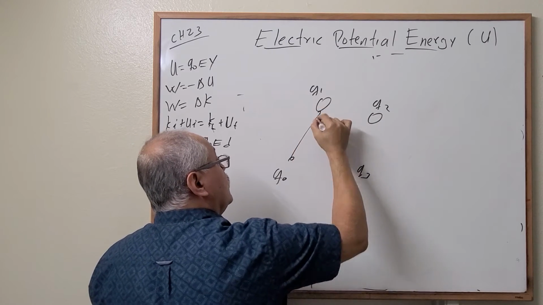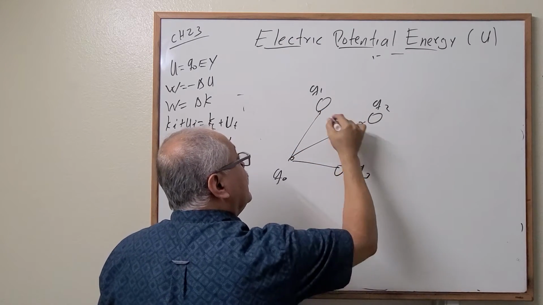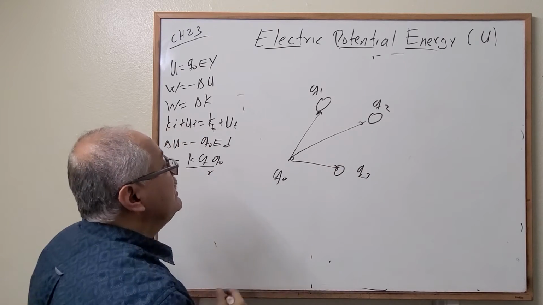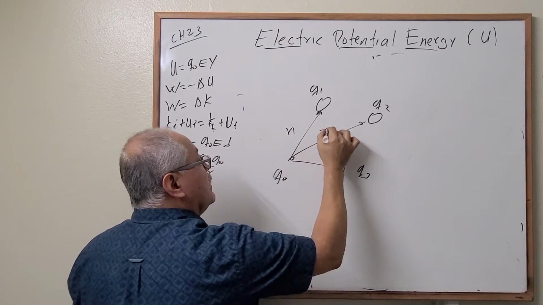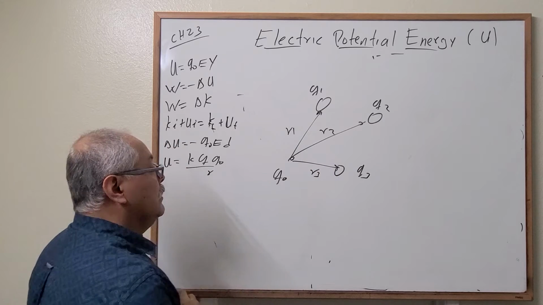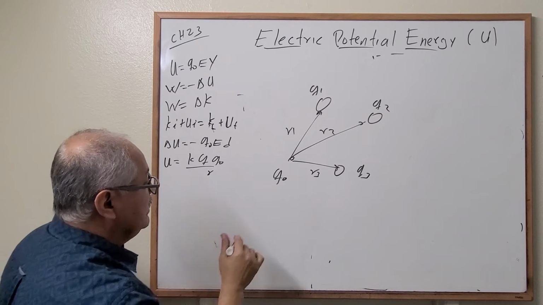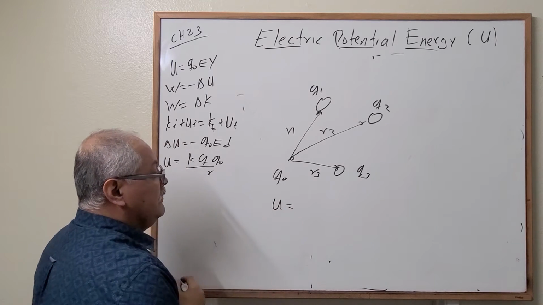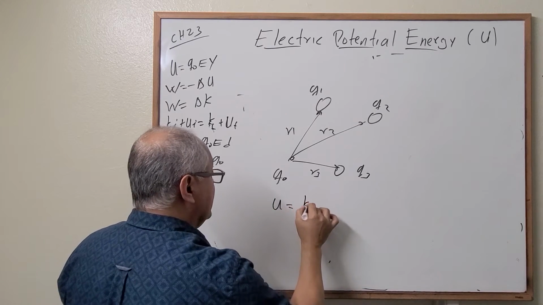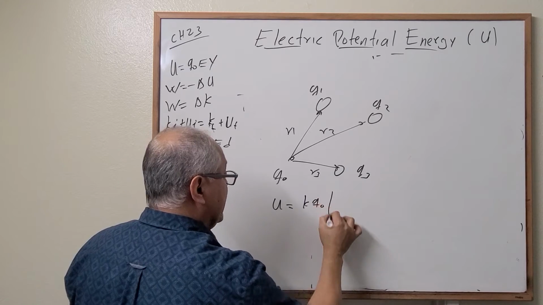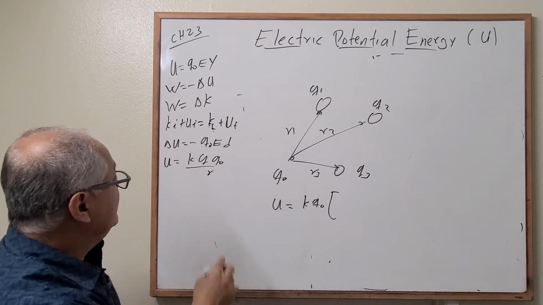Well, remember, we use the distance between them. I can call this R1, R2, and R3. And you see now the potential energy, by definition, is equal to K Q naught times what? In this case, it's going to be the product.